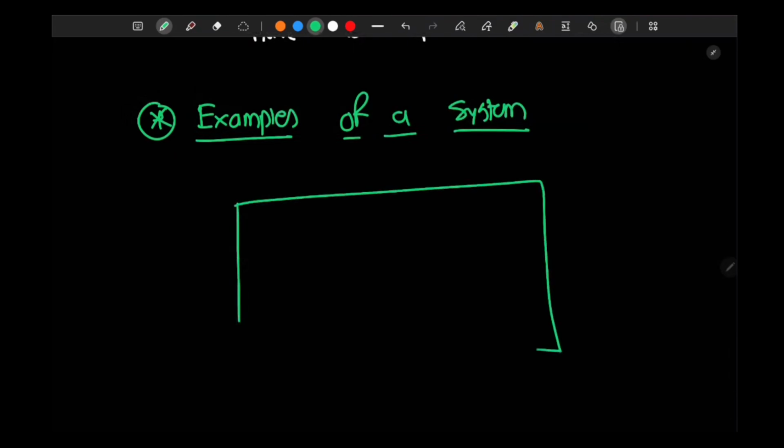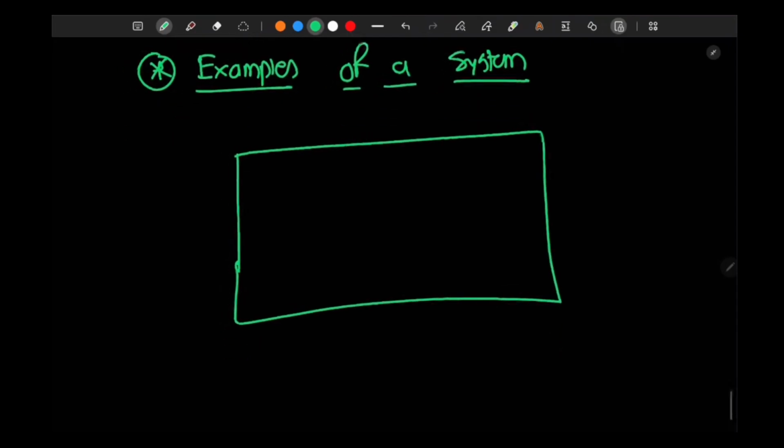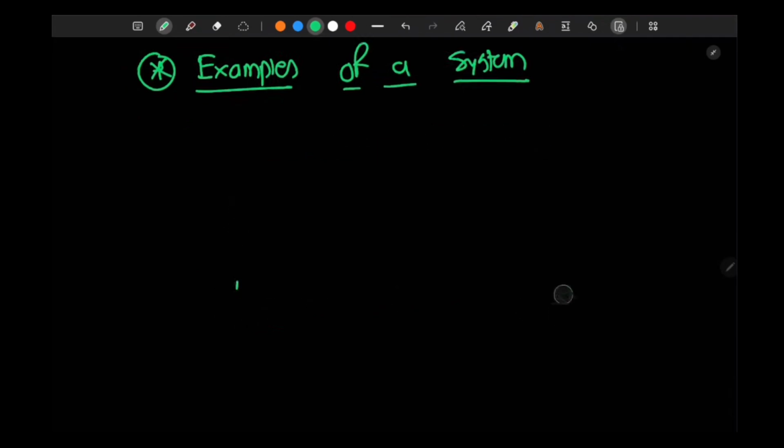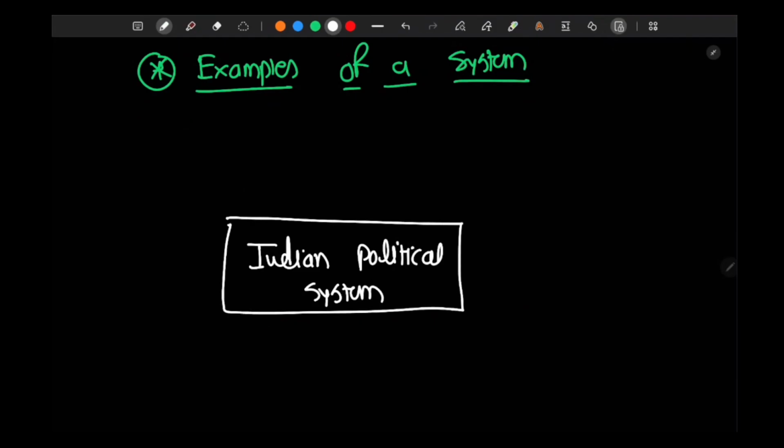So let's assume I am making a system with respect to, let's say, the Indian political system. We are trying to understand elemental features of a system, and I will start with the Indian political system.